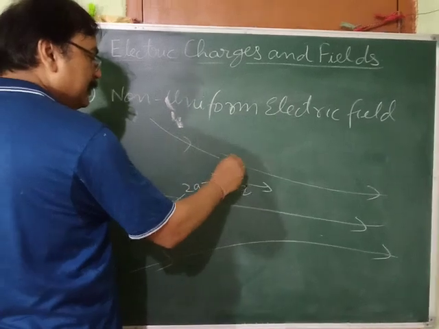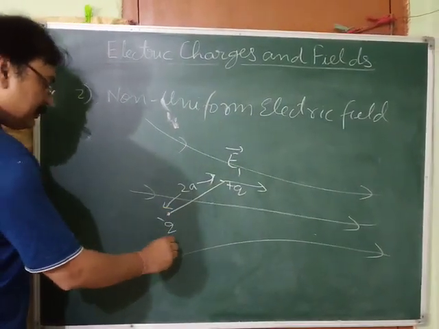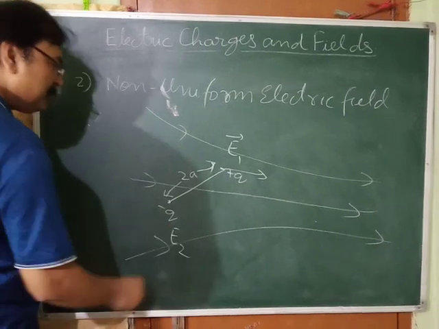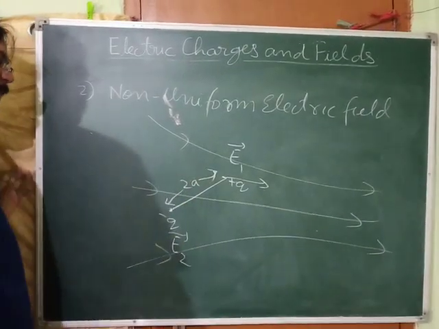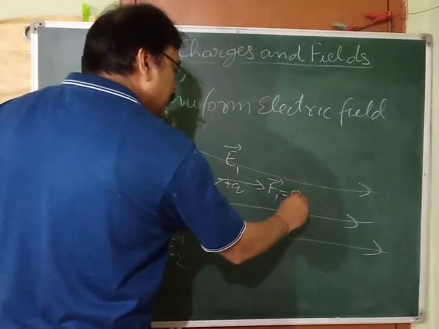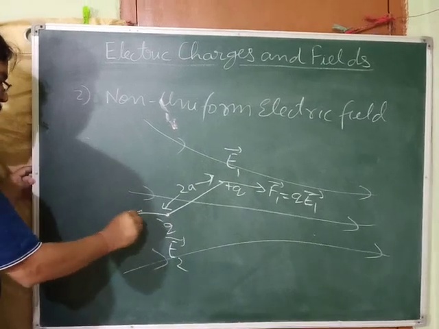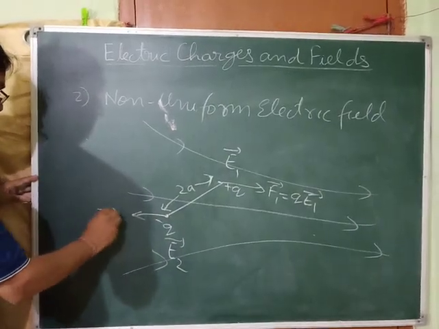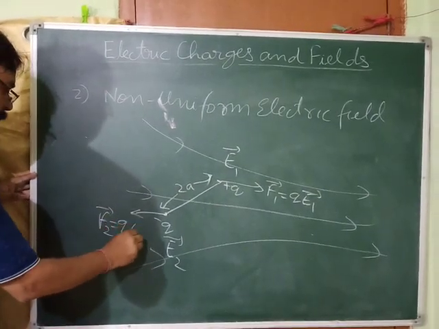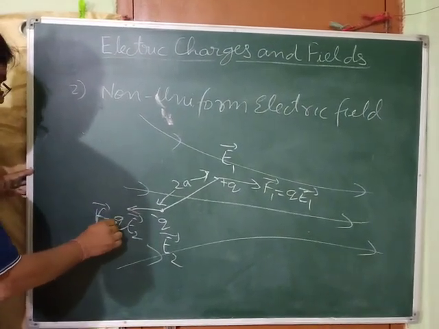Suppose here the electric field intensity is E1, and here the electric field intensity is E2. So here the force acting will be how much? Let F1 be equal to QE1. What force acts here? Let F2 be equal to QE2. Rather we can put a minus here also.